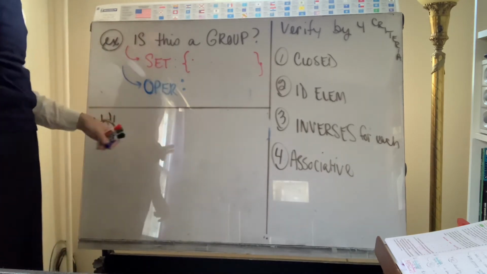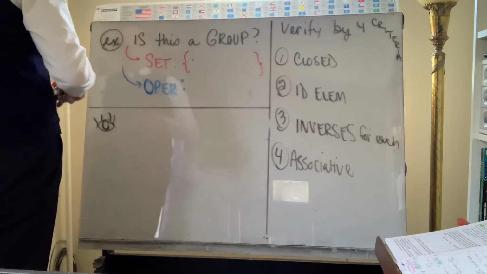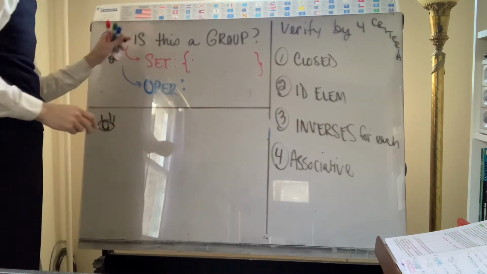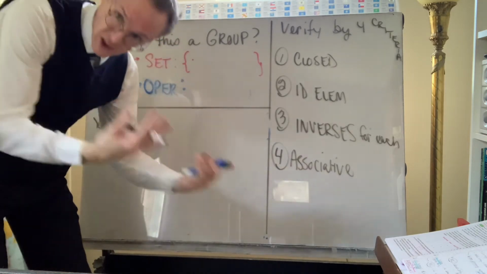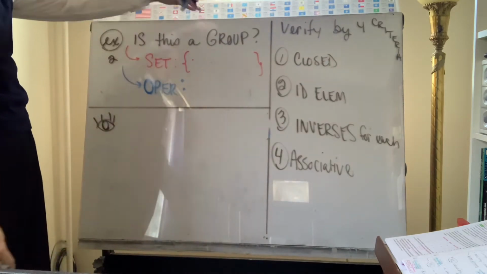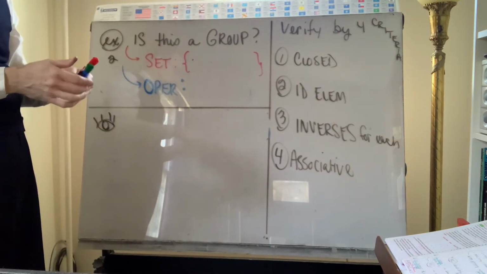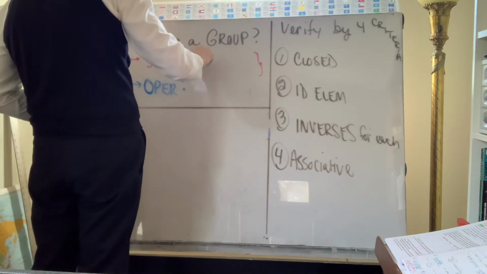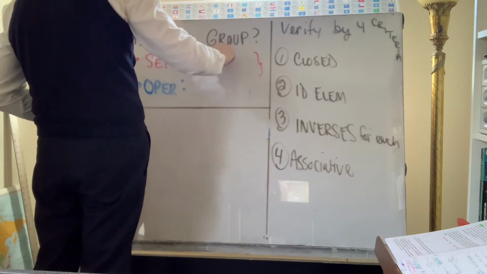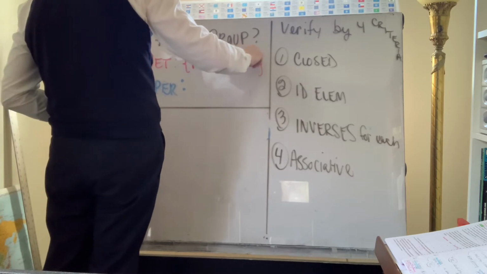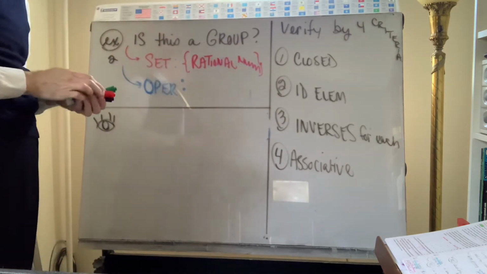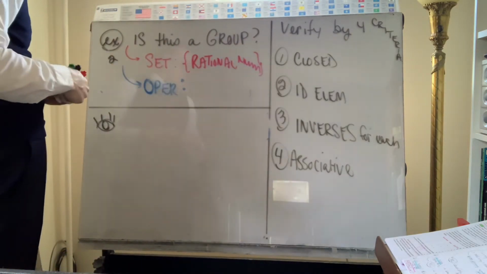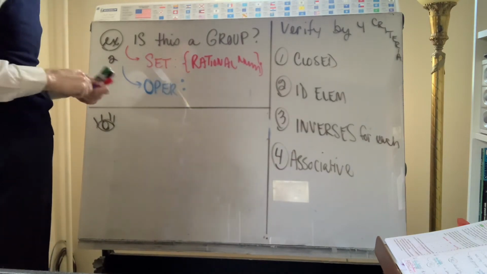Okay. Example 2 is again the same question but different conditions that are given to you. So is this a group? What is the group? The set, first of all, the set of rational numbers, and under the operation of multiplication.